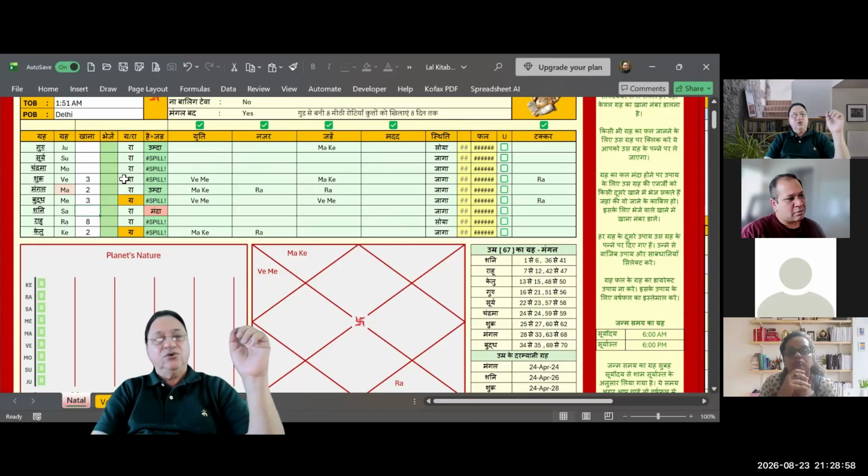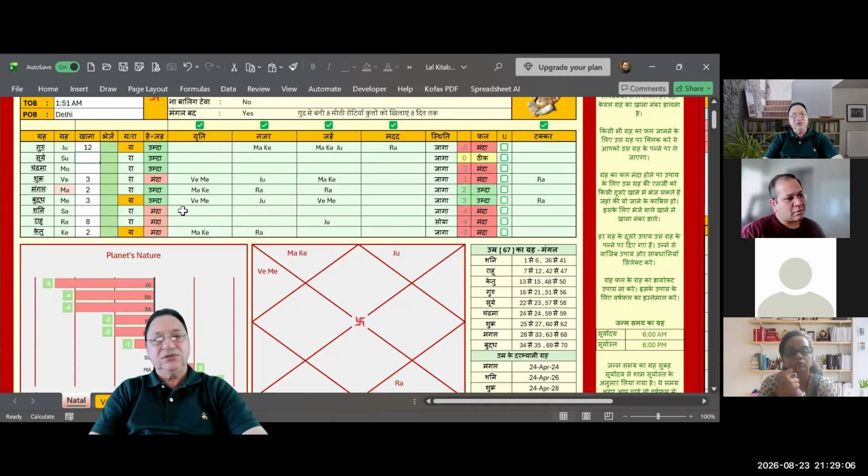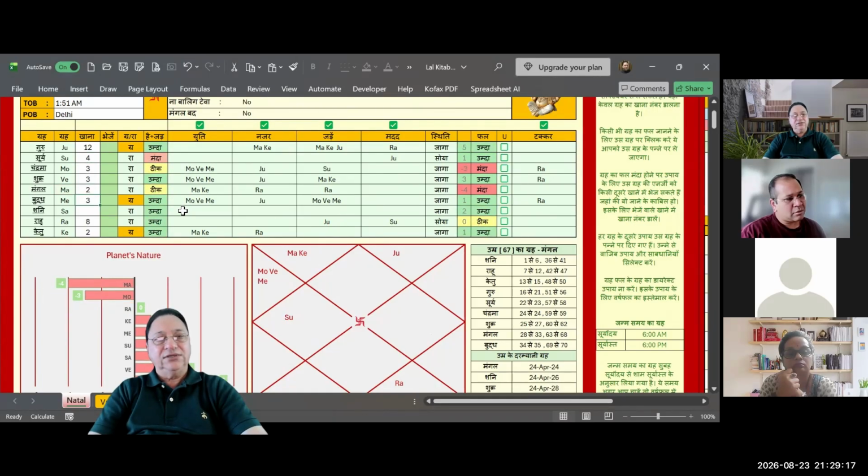Okay. So let's say I have this person who has his Jupiter in 12th house and Sun in the 4th house, Moon in the 3rd house, like that. You keep filling all this.